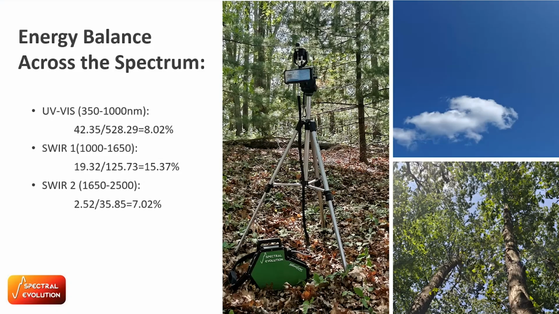But still a lot less energy. And then in SWIR2, we get 7%. But as you can see, there are also significant energy differences. UV VIS is the primary portion of the energy in the system here from the sunlight.